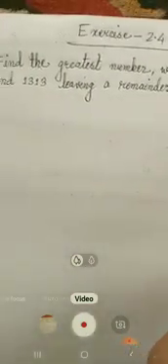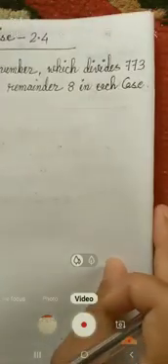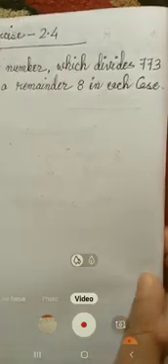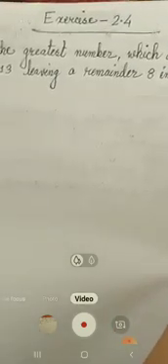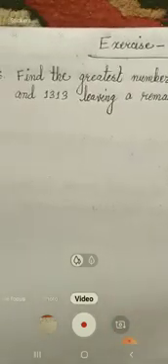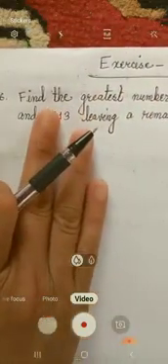Find the greatest number which divides 773 and 1313, leaving a remainder 8 in each case. Okay, so I'm going to solve it. Everybody look at this video and try to understand.